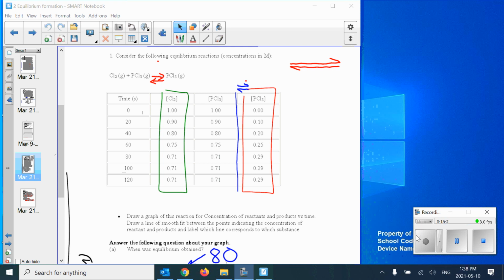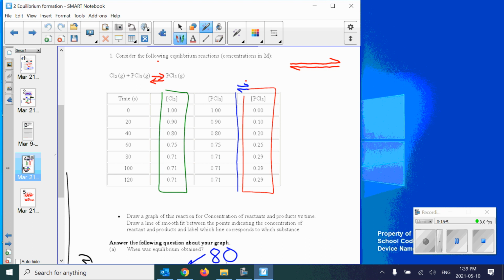Okay, can you get out your worksheet for this section 2? And it'll have this list here. Now take a look at this. This time the chart has no question mark. But you notice the two reactants, Cl2 plus PCl3, they're always at the same thing because they start at the same thing.